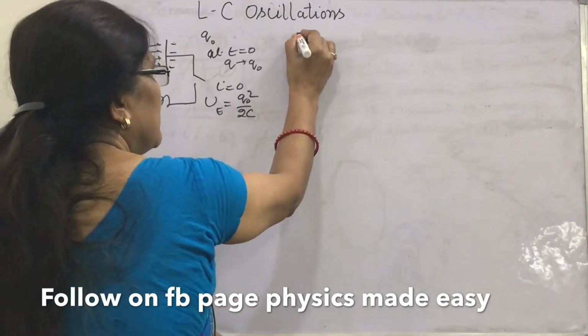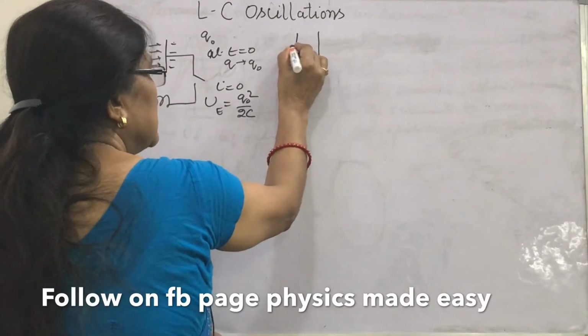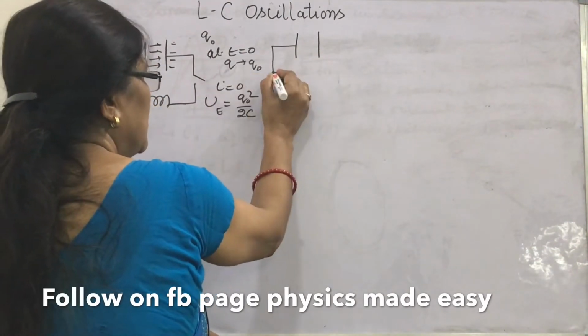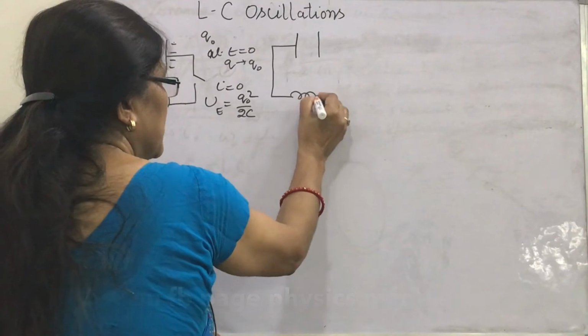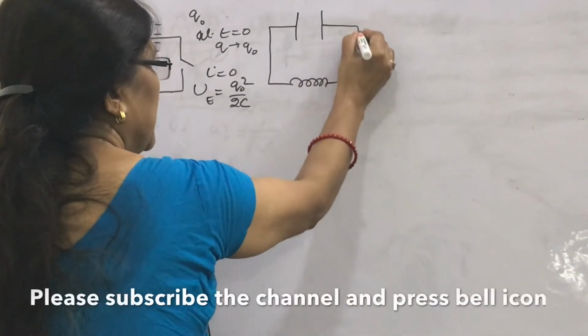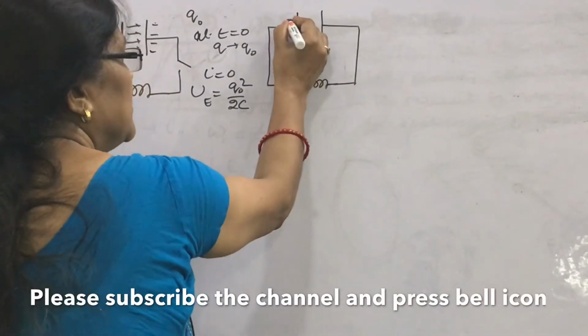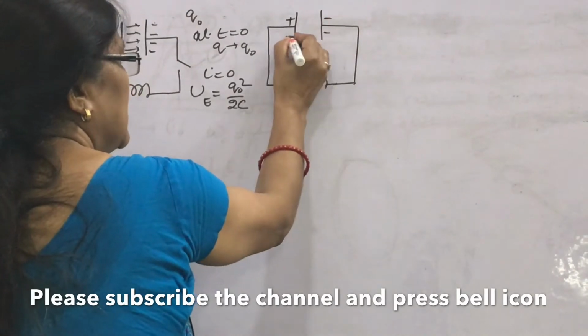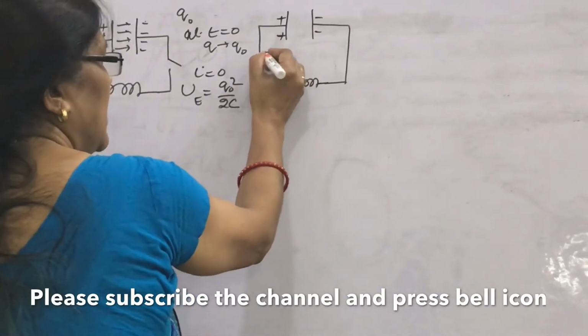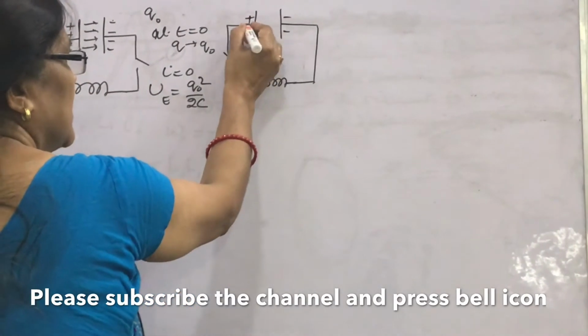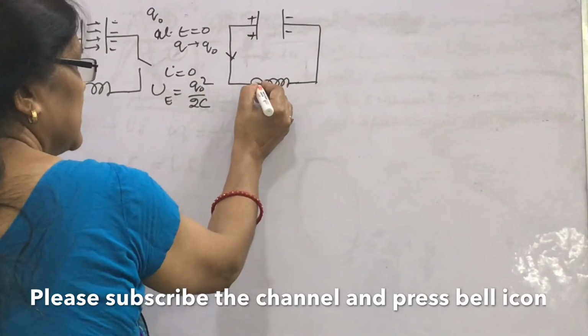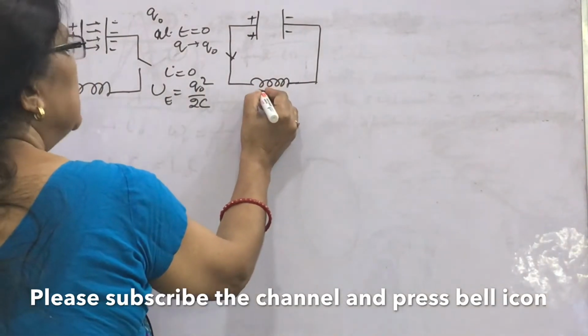What happens when this switch is closed? The capacitor now begins to discharge through the coil. So suppose the charges left are like this, and the current flowing through the coil is like this.